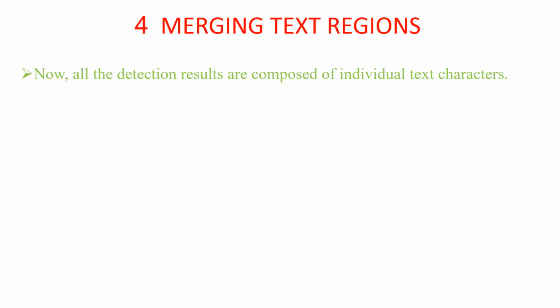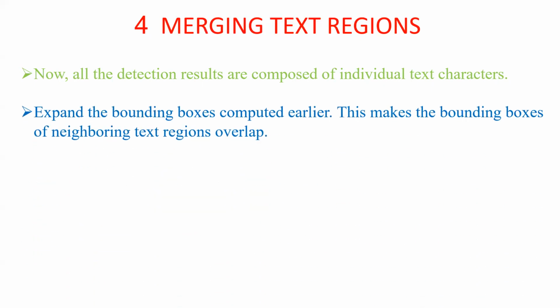We already said that all the detected regions are composed of only individual text characters. To bring meaning to that text, we have to combine them. So the idea is to expand the bounding boxes computed earlier.